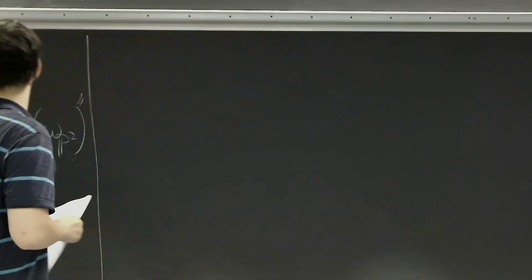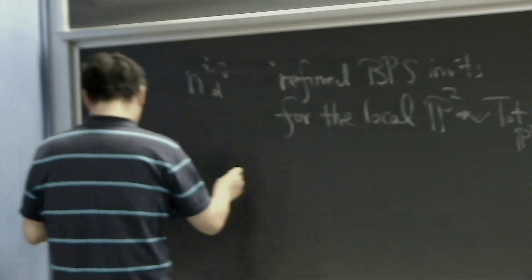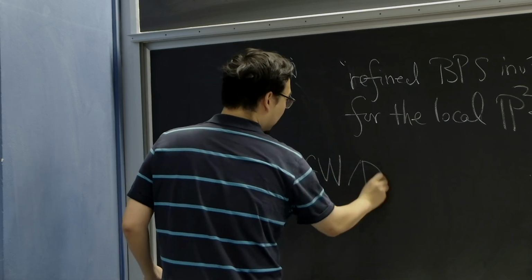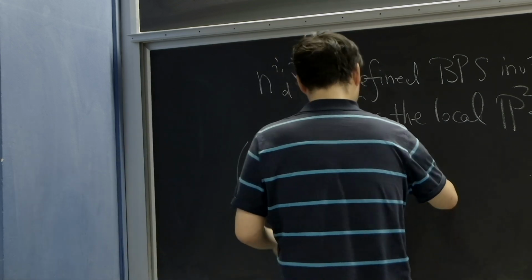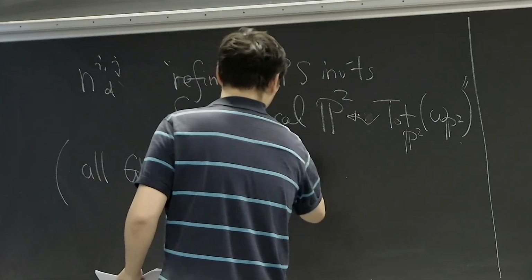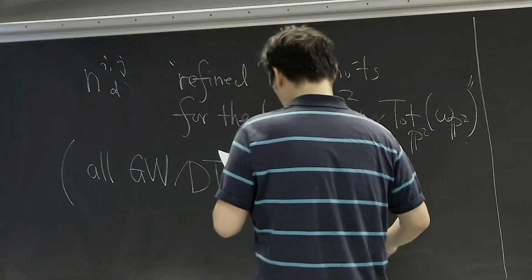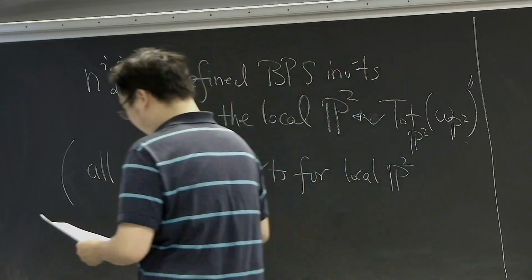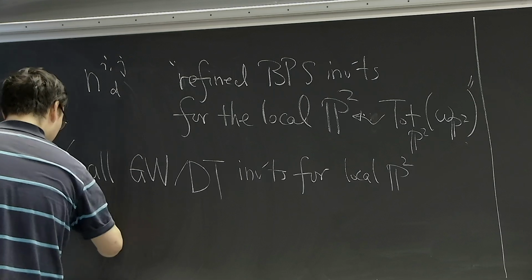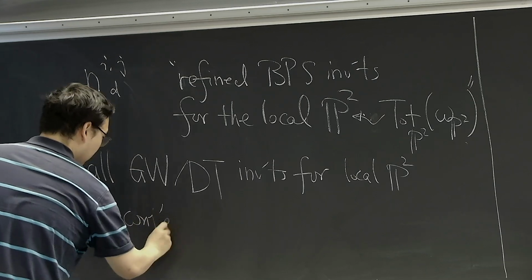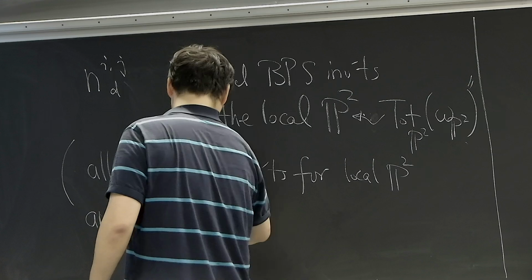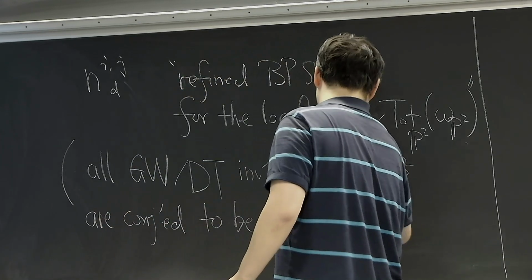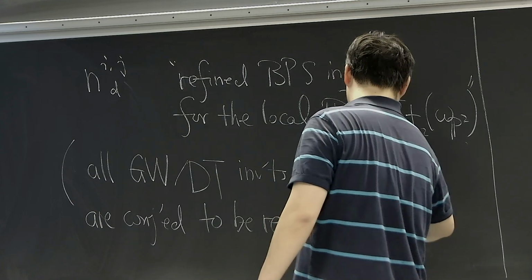But more interestingly, all Gromov-Witten and Donaldson-Thomas invariants for local P2 are conjectured to be derived from these topological numbers.